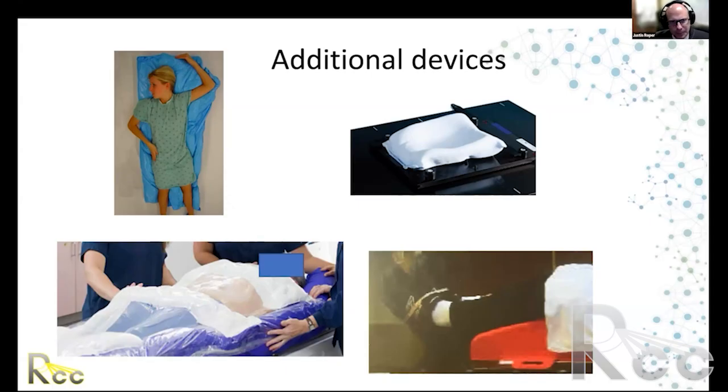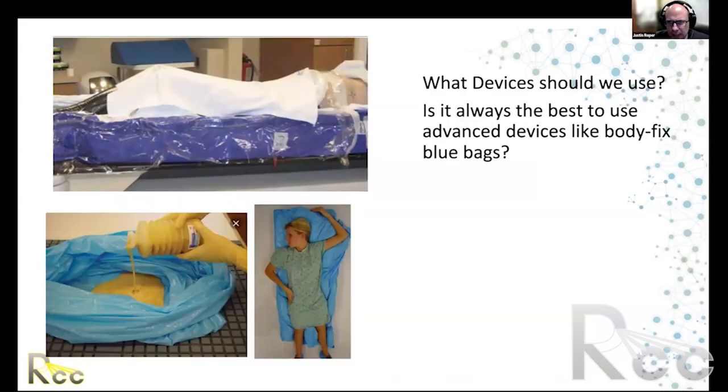Next slide, please. Okay, so what devices should we use? Is it always best to use advanced devices like BodyFix, blue bags, or Vac-Loks? These bags are great for secure immobilization. These devices are not used for every patient in our clinical practice.